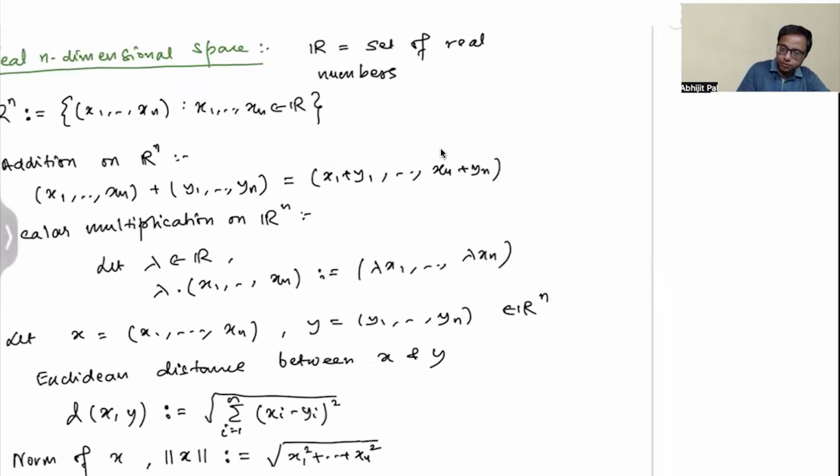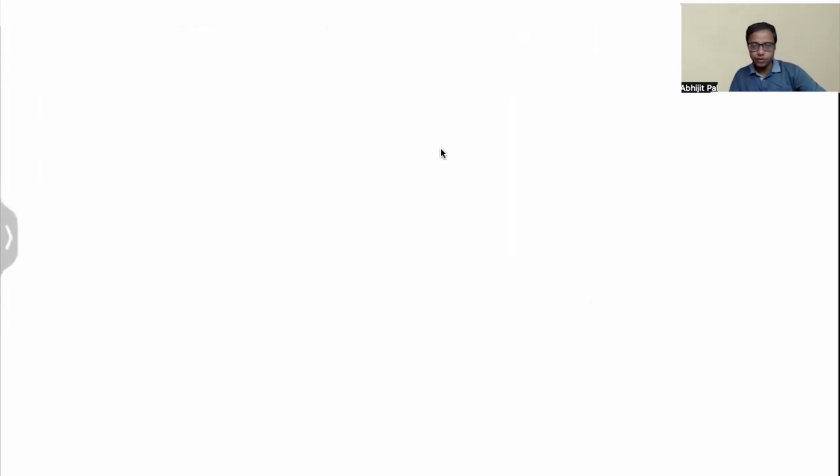Now we'll be defining a curve. In order to define that, first let me define what we mean by continuity of a map from an interval to Rn.